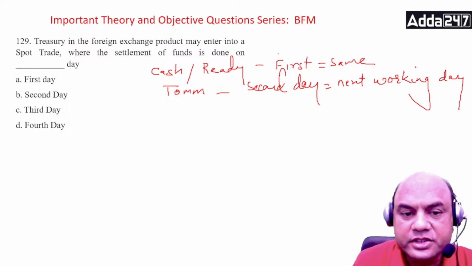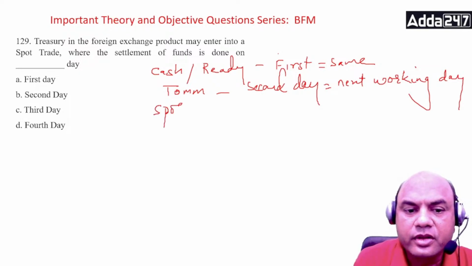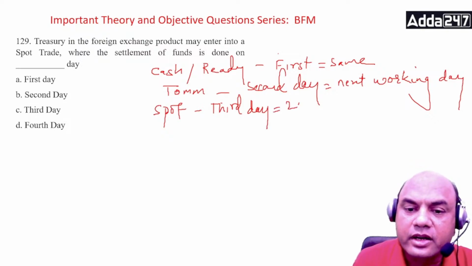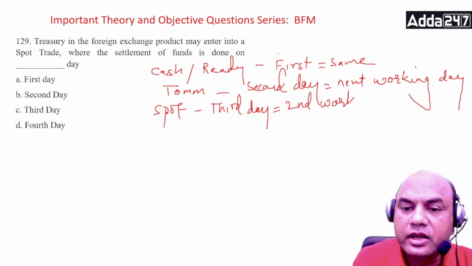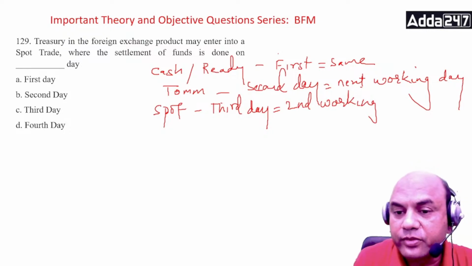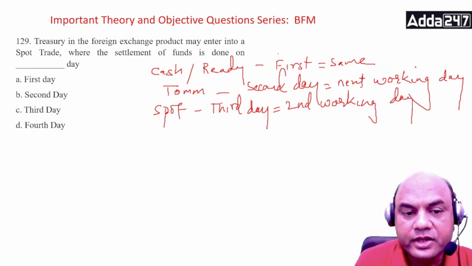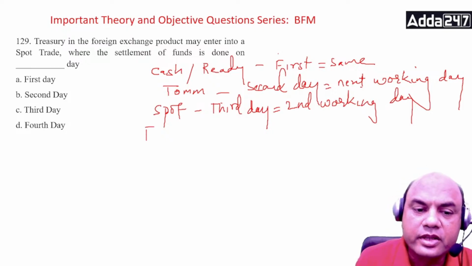Then this spot is basically third day, or that is equal to the next to next working day, second working day. Understand the difference? Second working day, and after the spot is forward.